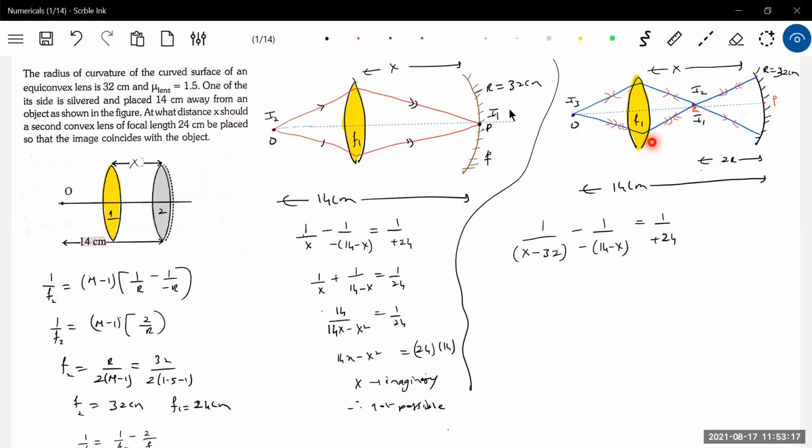So x minus 32, sorry, this distance is 2r, not 32. Okay, I made changes, so it should be mod of 2r again. Just analyze carefully.